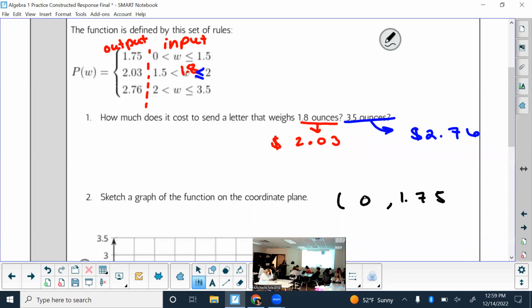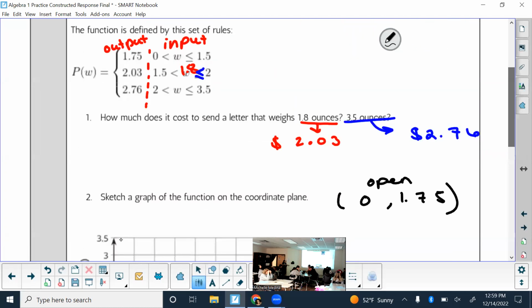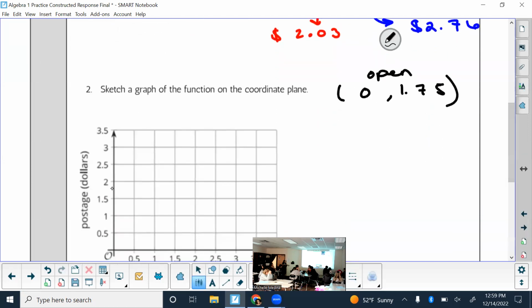At 0, but is it equal to 0? Does it have an equal to line underneath it? So then what type of circle will go on that coordinate? Open. So then scroll down. 0, 1.75 has an open circle on it.